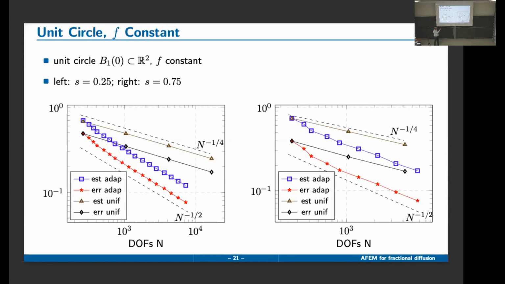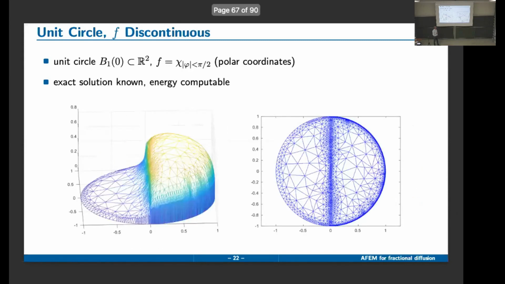Same holds true for larger s. Second example, let's take a discontinuous right-hand side, which is nothing else than the characteristic function, in polar coordinates, of the right part of the circle.